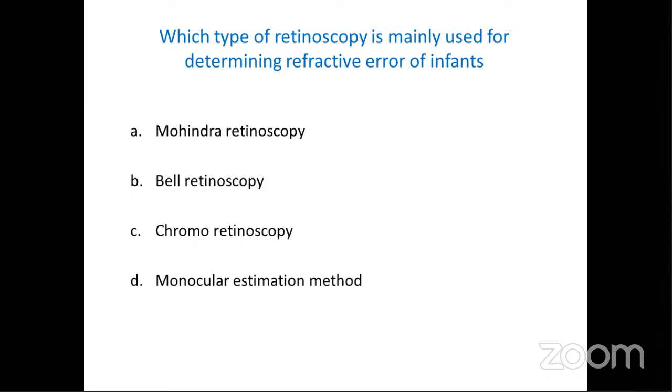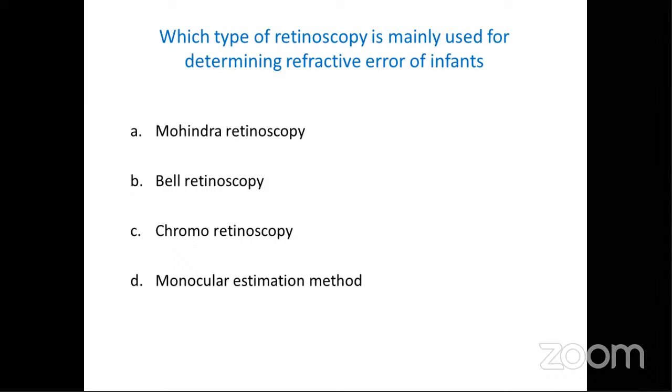There should be some kind of form vision to cause accommodation. So when you are doing retinoscopy in a dark room, when the lights are turned off, everything is turned off, the child is not able to see even the examiner. That is known as the Mohindra retinoscopy.